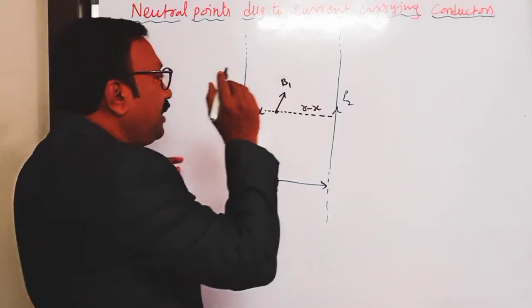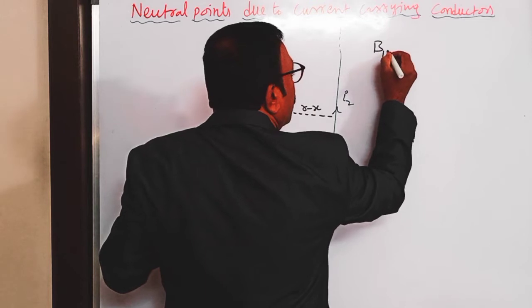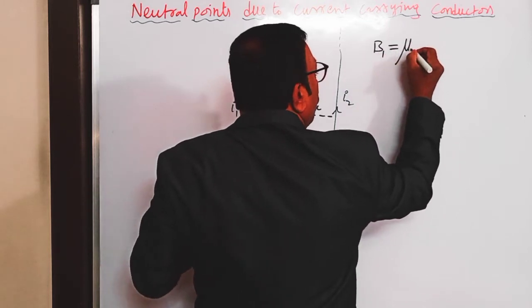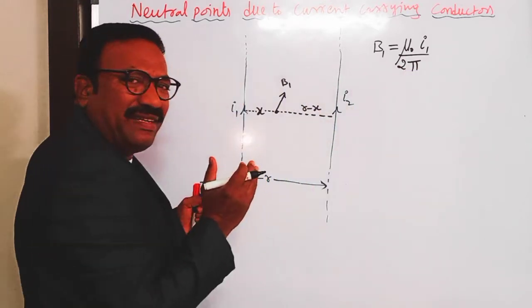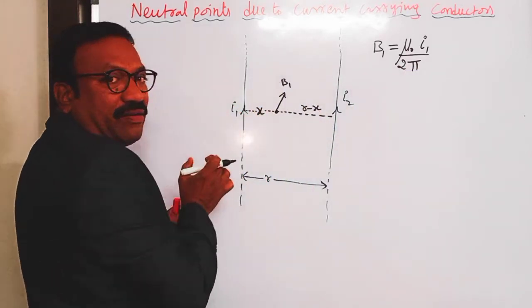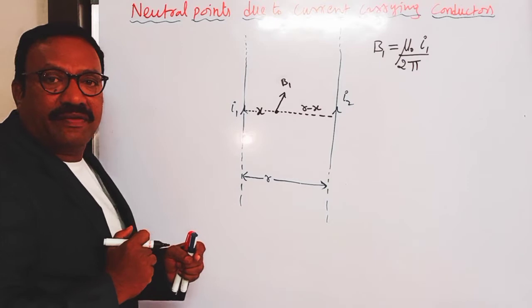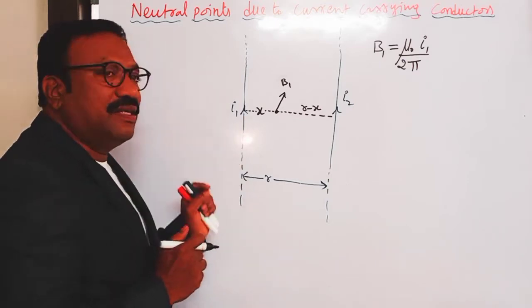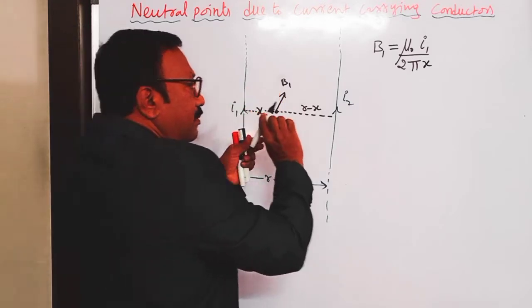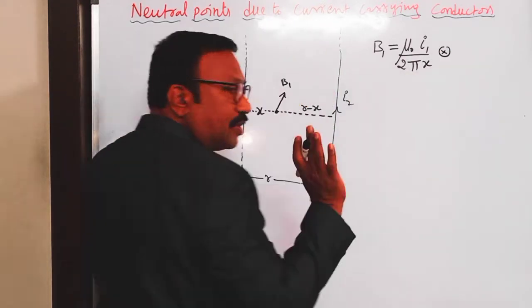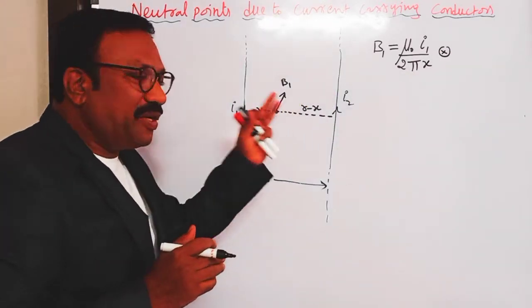So the magnetic field B1 is how much now? I told you just the formula now: mu naught I1 by 2 pi r. R means distance from the conductor where you are determining the magnetic field. So what is the distance? x. Next, it is inward. Good.